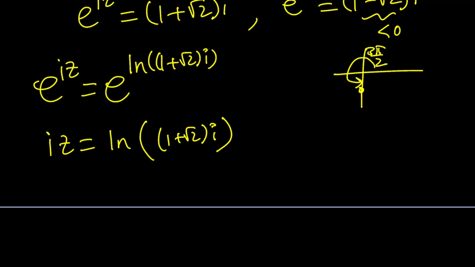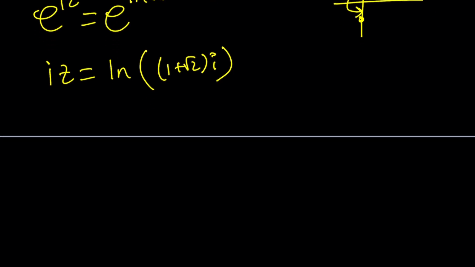And at this point, we got to remember the formula for the log of a complex number. I guess at this point, I could probably replace ln with log. Sometimes they will use log for complex logarithm, but I don't think that's a big deal. I'm just going to use ln. But normally they would write it as log of a complex number. Make sense?